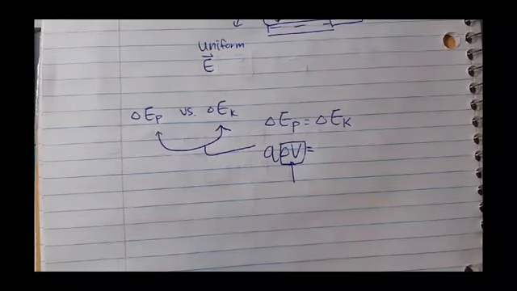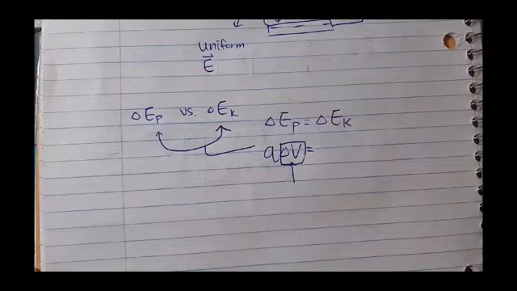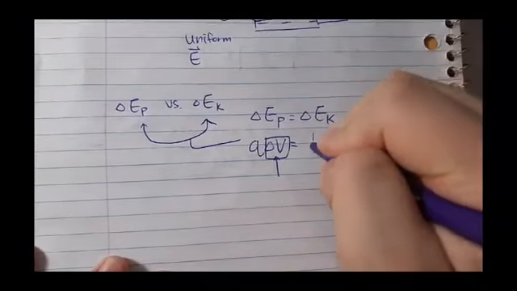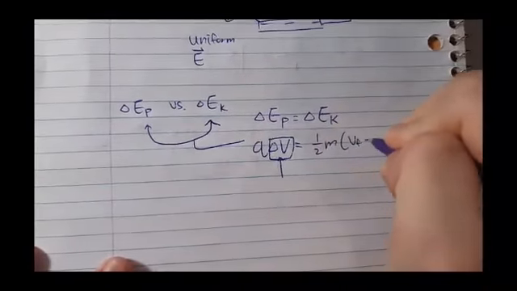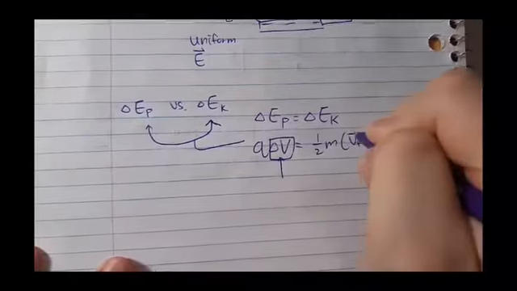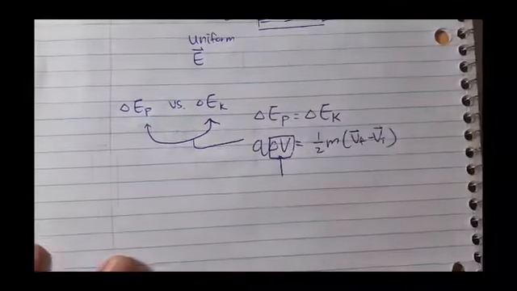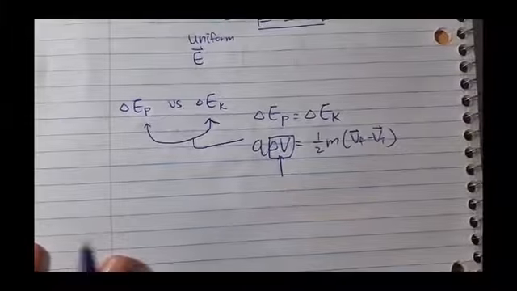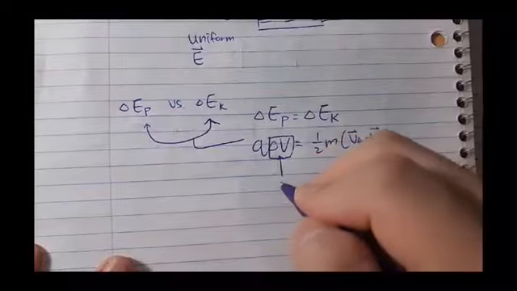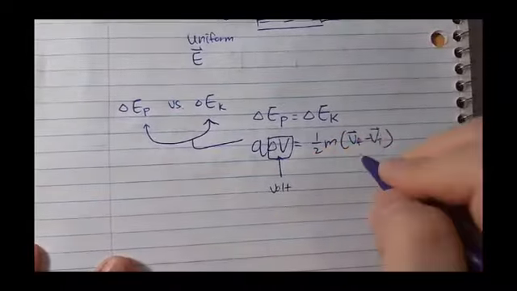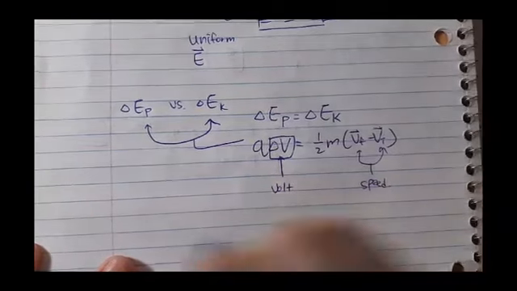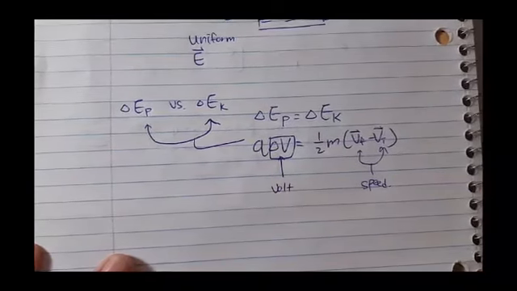When it comes to the kinetic energy situation, we learned about this before: basically 1 over 2 m (v final squared minus v initial squared), which is more of a speed perspective. The only reason I'm putting the velocity notation is so that I can differentiate between these two. You may notice delta V is a scalar, my voltage or potential difference, and these two should technically be speed, but my v just looks alike.